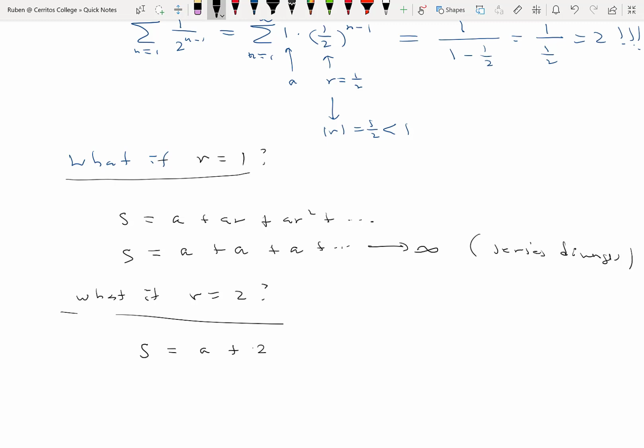Then 2 pizzas plus 2 squared times A, plus A times 2 cubed, plus dot, dot, dot. A plus 2A plus 4A plus 8A plus, what's going to happen? Even if A is 1 pizza plus 2 pizzas plus 4 pizzas plus 8 pizzas, you're going to explode. The series diverges.